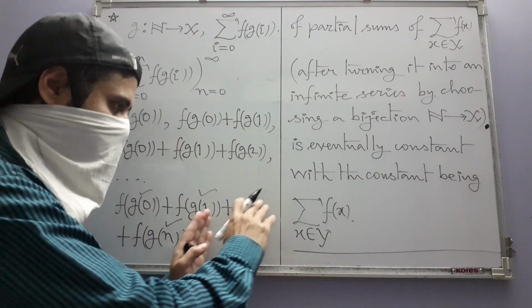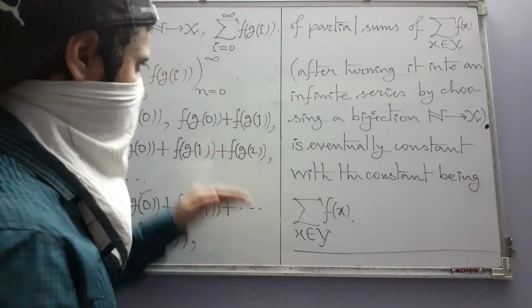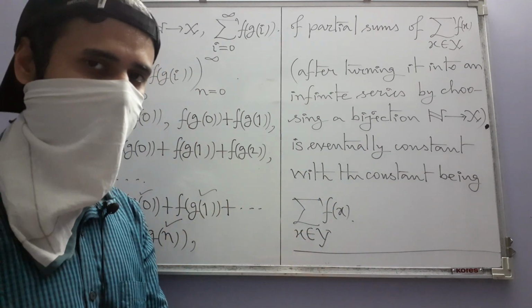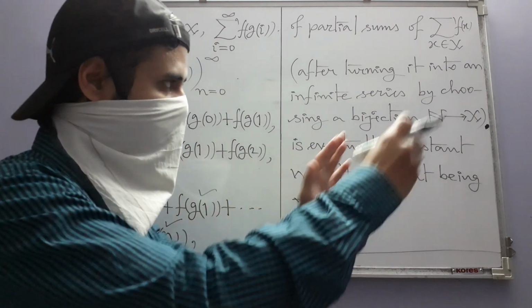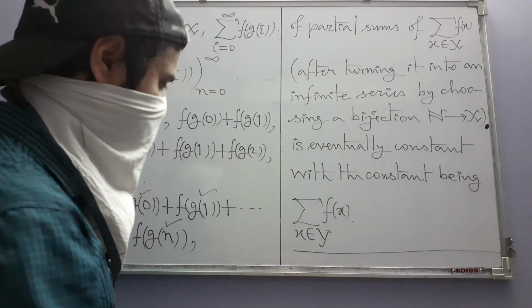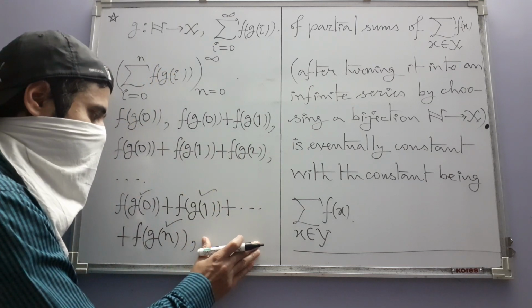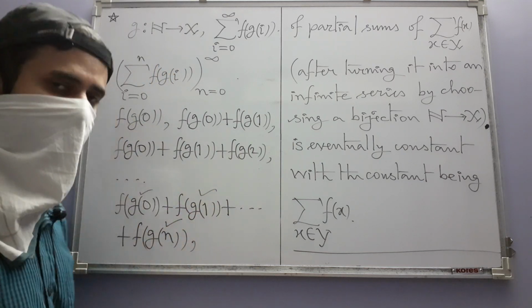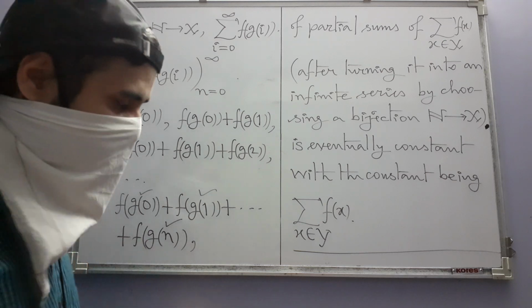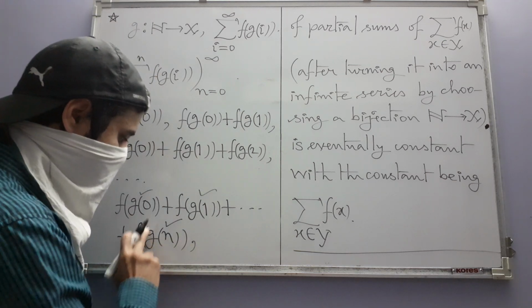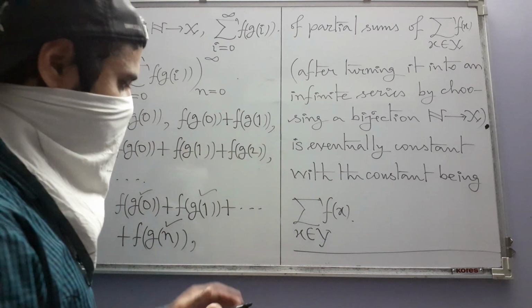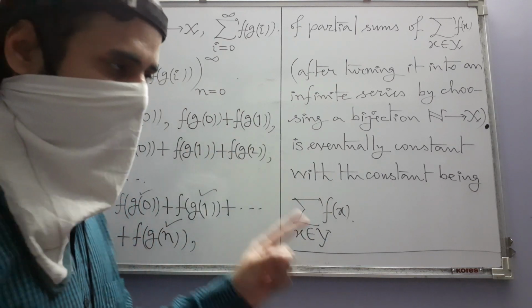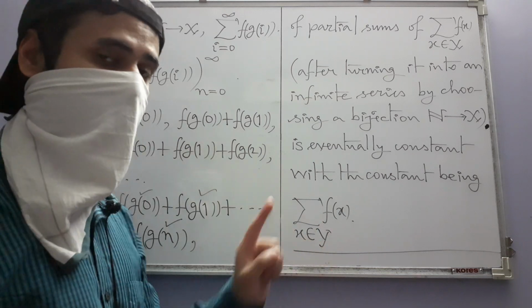You will continue to get more terms in the sequence of partial sums. Since it's a sequence, even after this you will continue to get infinitely many more terms, but all of them are going to have the same value as this. Why? That is because the next f value, f of g(n+1), will be 0, because g(n+1) does not belong to y.